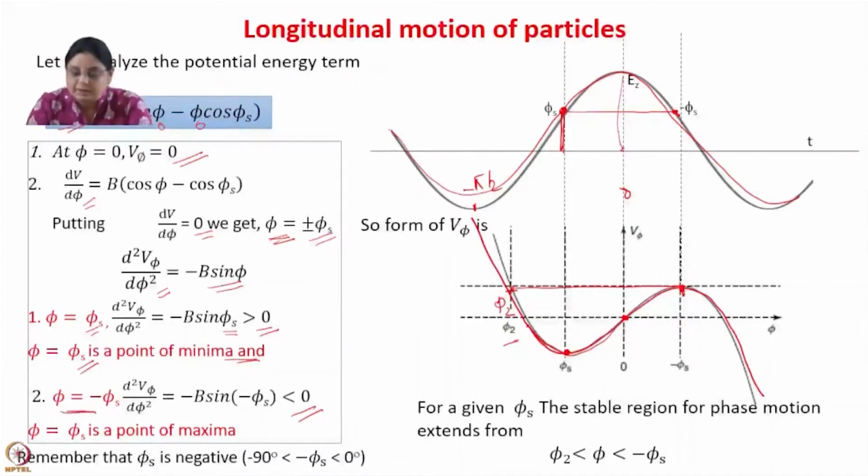We expect that the motion of the particles will be stable if they lie within this region. So for a given phi_s, the stable region for phase motion extends from phi_2 to minus phi_s.